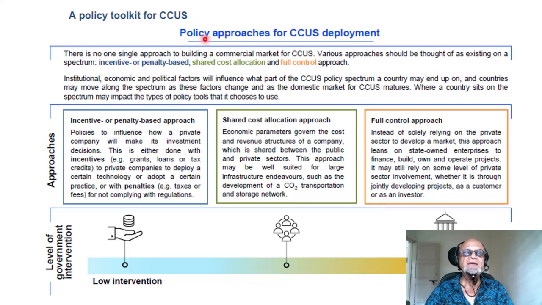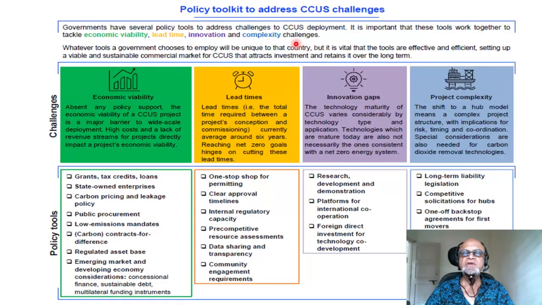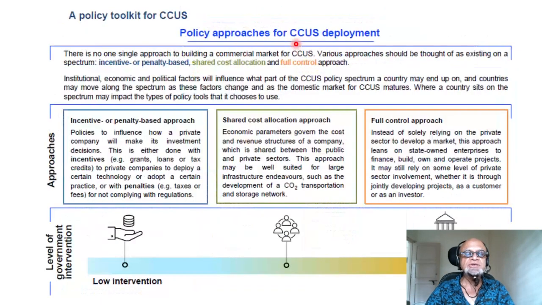or anything. Okay, so what is the policy toolkit for CCUS? IEA provides the policy approaches for CCUS deployment, and the next one is policy toolkit to address CCUS challenges. There is no one single approach to building a commercial market for CCUS. Various approaches should be thought of as existing on a spectrum.